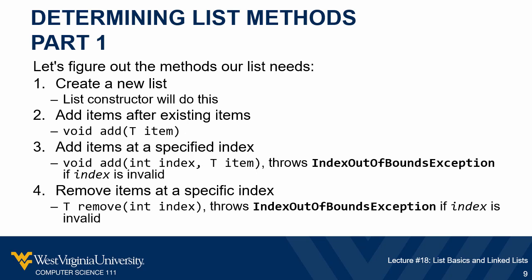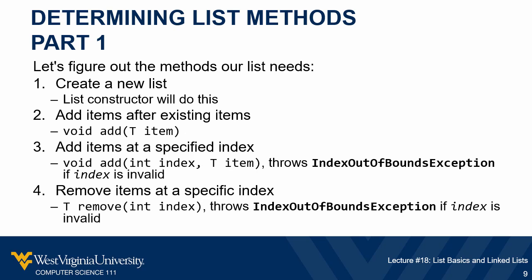I'm not providing that sort of method, one that doesn't take an index, for remove, because normally we want to be fairly deliberate about what we're removing. And if I want to remove from the front of the list, I can just specify index 0. If I want to remove from the rear of the list, I can just take the size of my list minus 1 to get that item.